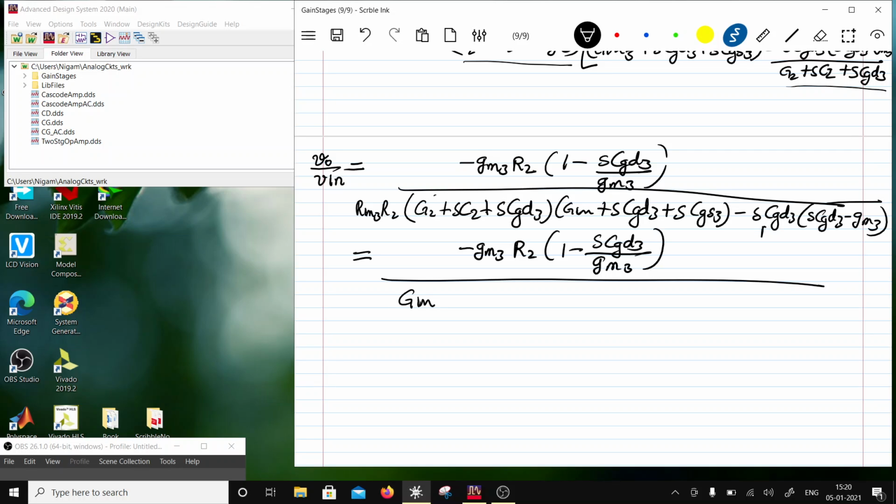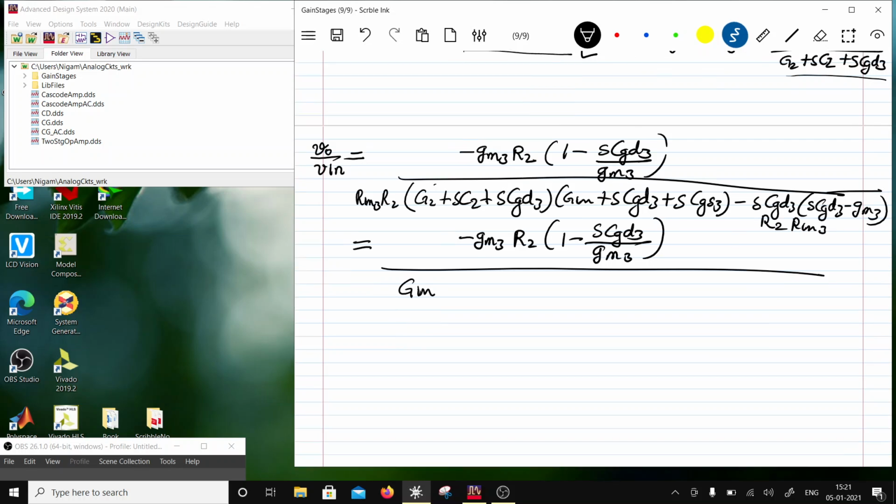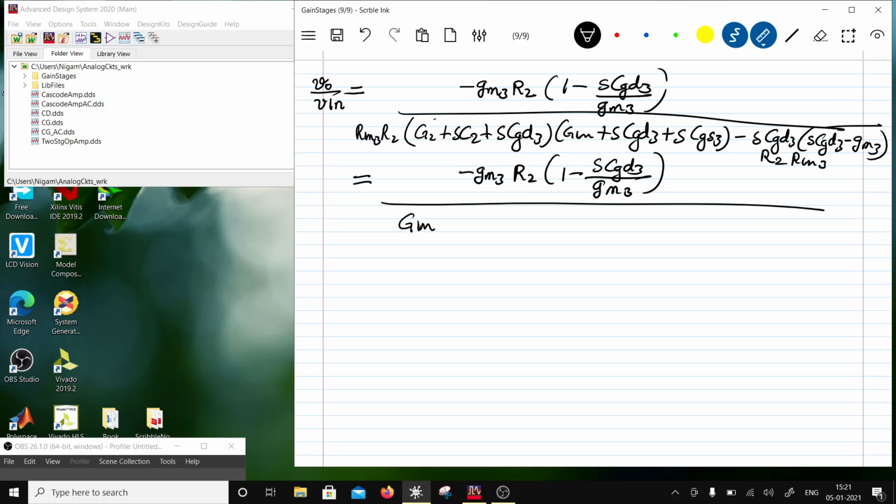This should be multiplied by R2 times of Rn3. So let's simplify this. Okay. So now I'm left with G2R2 1. So R2 will go with G2 and then I'll have Rn3.